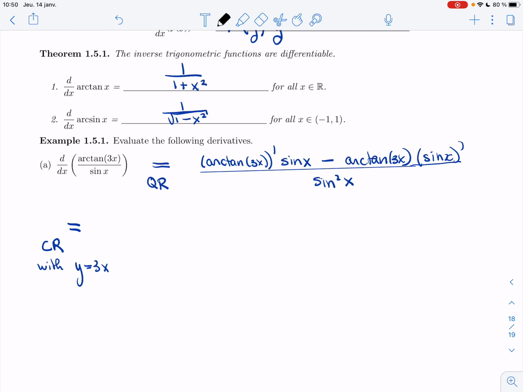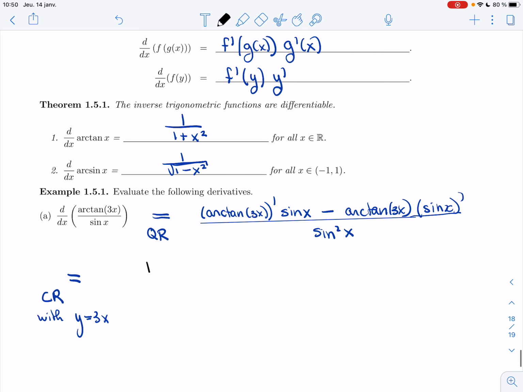So I have arctan of y, so I'm going to take the derivative of arctan, and I'm going to plug in the interior function. So I'm going to plug in y, or g of x, so I'm going to plug in 3x. And then I need to multiply that by the derivative of the interior. That's this part here, g prime, so that's the derivative of 3x. And then the rest is fine.